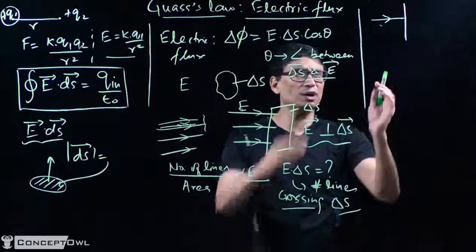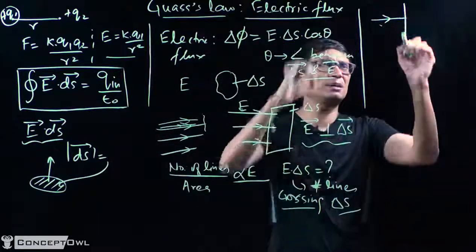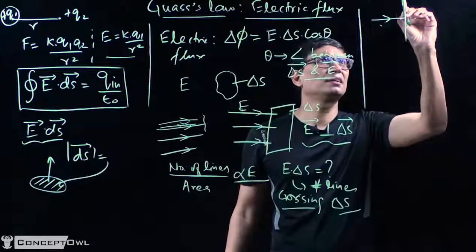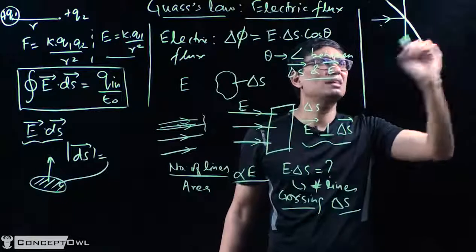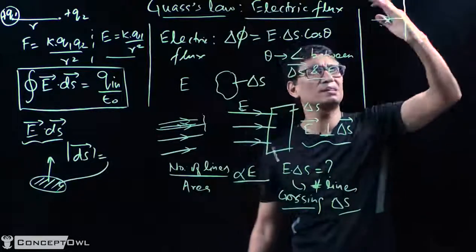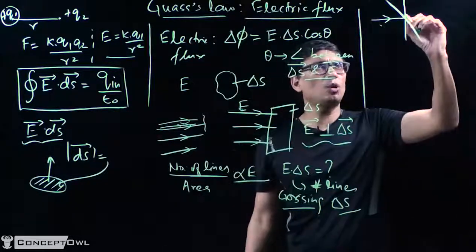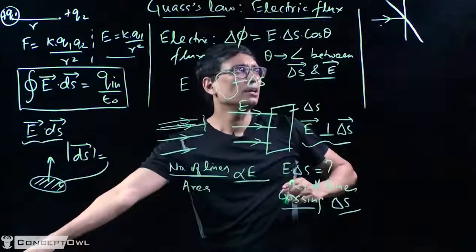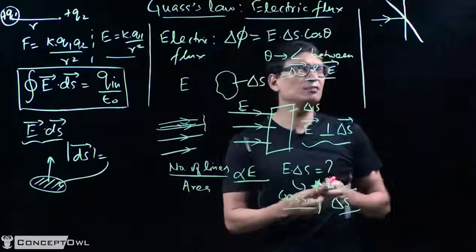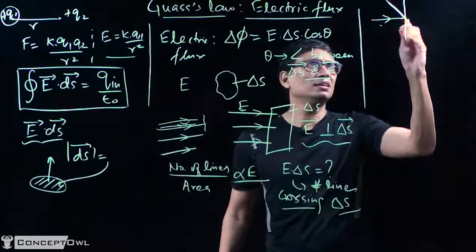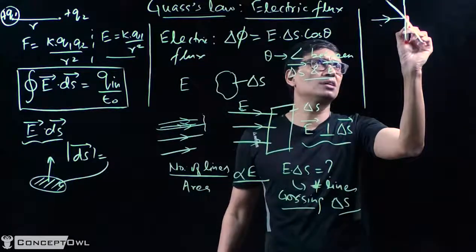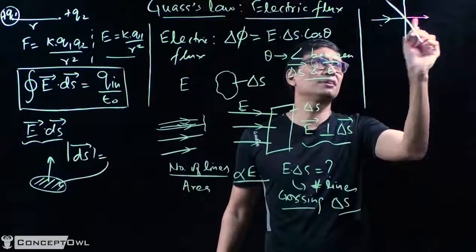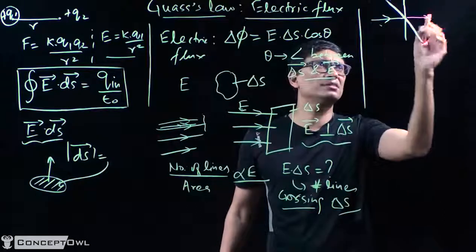Now imagine that instead of keeping it like this, I move it, and now it makes an angle. Now I moved it by some angle theta. Earlier, the electric field and the area both had the same direction.